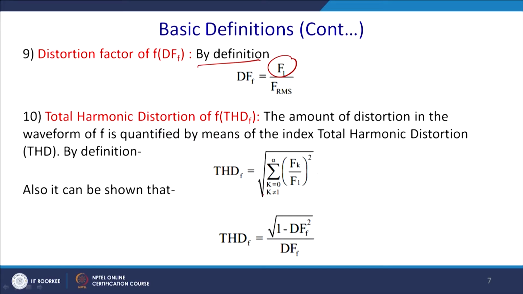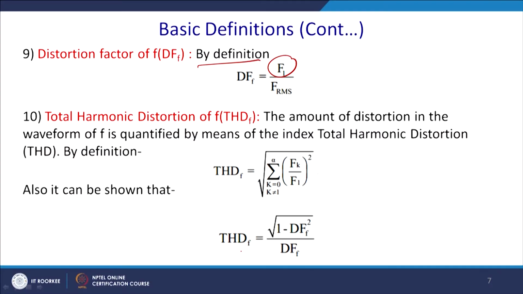From there we can derive; students are requested to refer to any standard book where the derivations are given. We can find THD equal to the square root of 1 minus DF square by DF square. These are a few terms we can use very frequently while analyzing single phase and 3-phase converters.